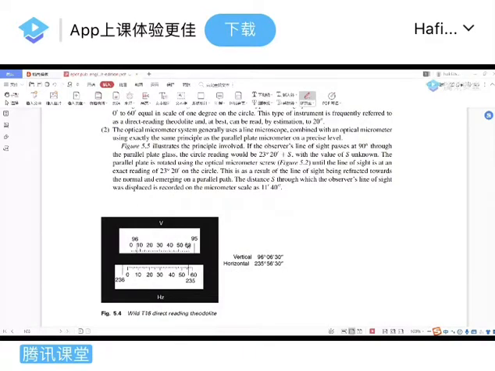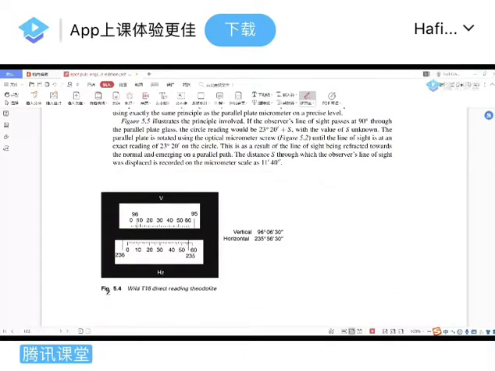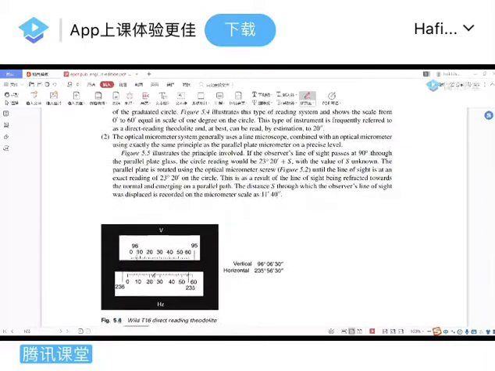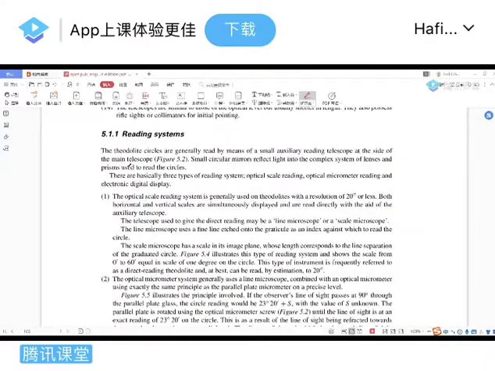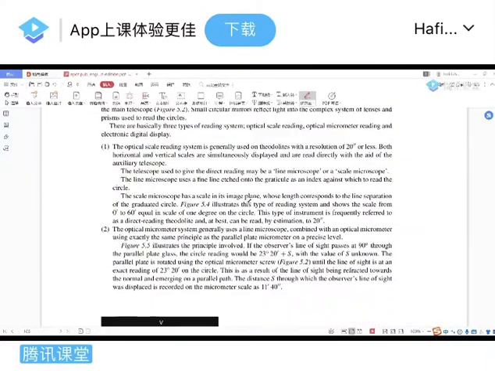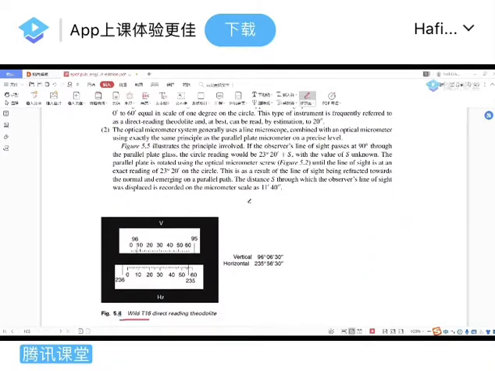Some of them are equipped in the machine, and this is one type of name of the machine. Any description for this machine? No description of the machine. These are readings you can read from your machine. Basically, this is about the vertical angle.